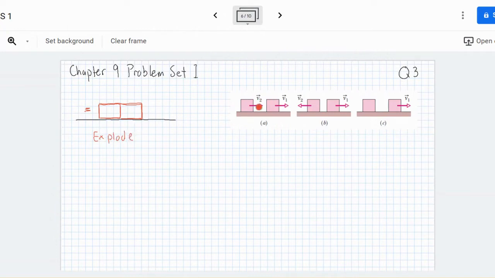Well, an explosion is actually just one force. It's a Newton's third law force pair, ostensibly, that's going to push on each of these. So what that tells us is all the forces are inside the system.